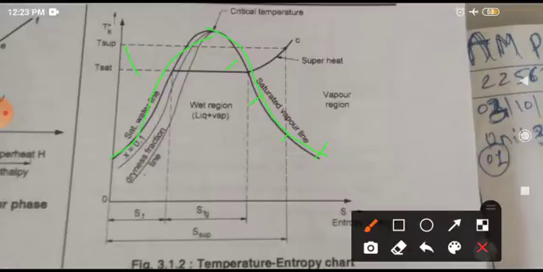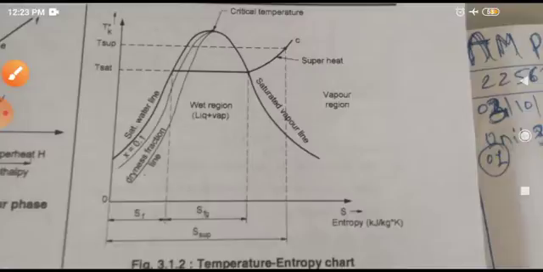Now you can see the temperature versus entropy diagram. Draw it on the page in your notebook, so that you will be able to see the diagram while we discuss it.